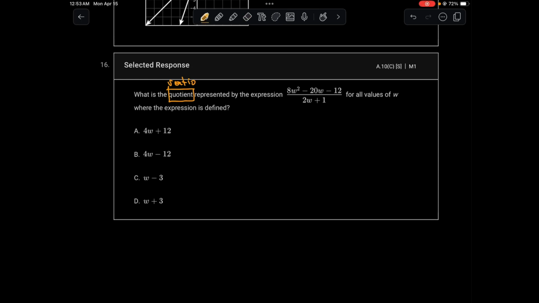So it's the exact same thing, so they're equivalent. They have the same chart, the same graph, the same intercepts, the same everything. Okay, so how do we do it?